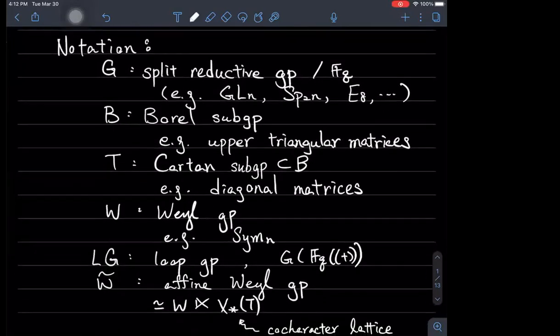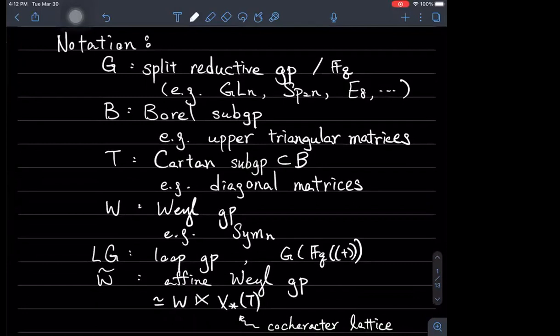So here is the notation. My G is a split reductive group over F_q. For instance, you may think about GL_n, the n by n invertible matrices, the symplectic group, and also E8, the most complicated exceptional group.